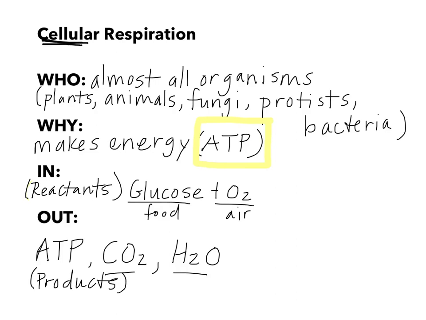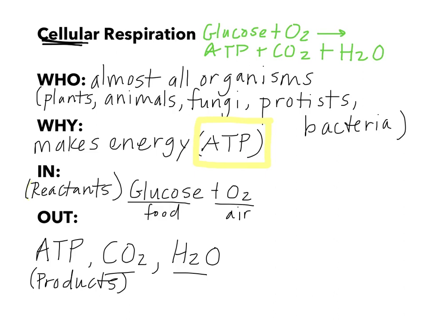So if we put them together in an equation once more, what we're looking at is our reactants, glucose plus oxygen yields, or makes, ATP plus carbon dioxide plus water. So there's our reaction for cellular respiration. Once again, carbon dioxide and oxygen are integral parts of this reaction.